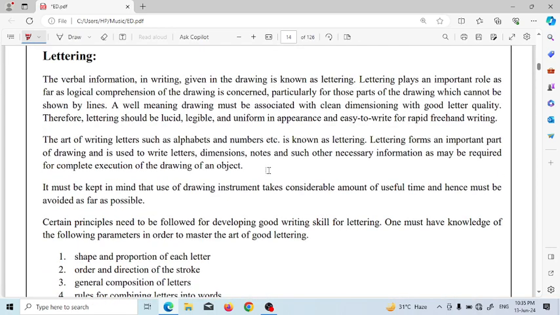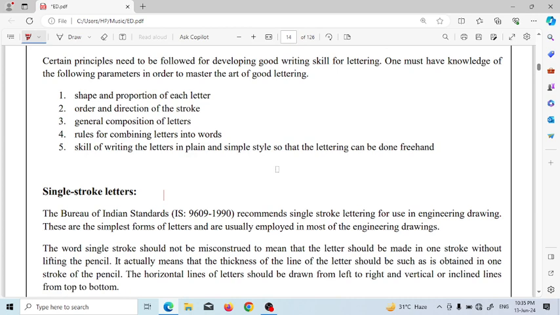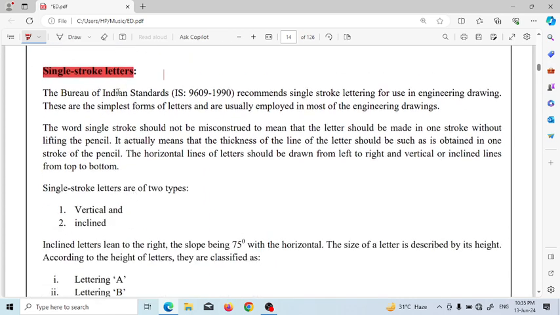On the lettering a little bit, and those single stroke letters we have discussed. According to Bureau of Indian Standards, single stroke lettering is recommended for use in engineering drawing.